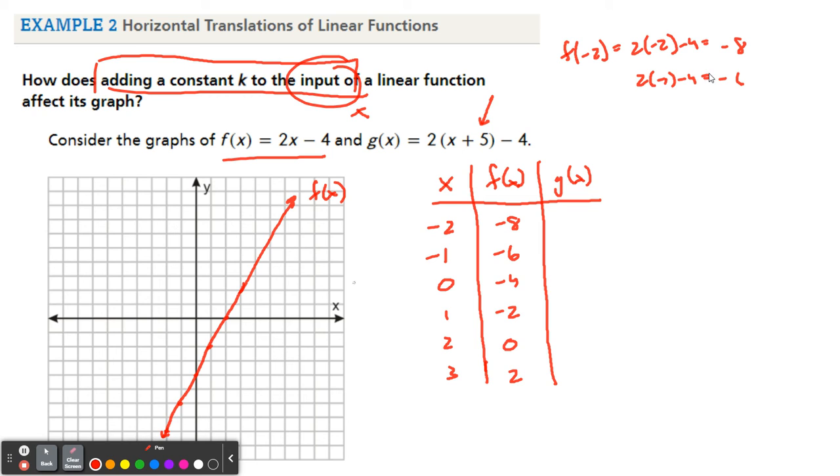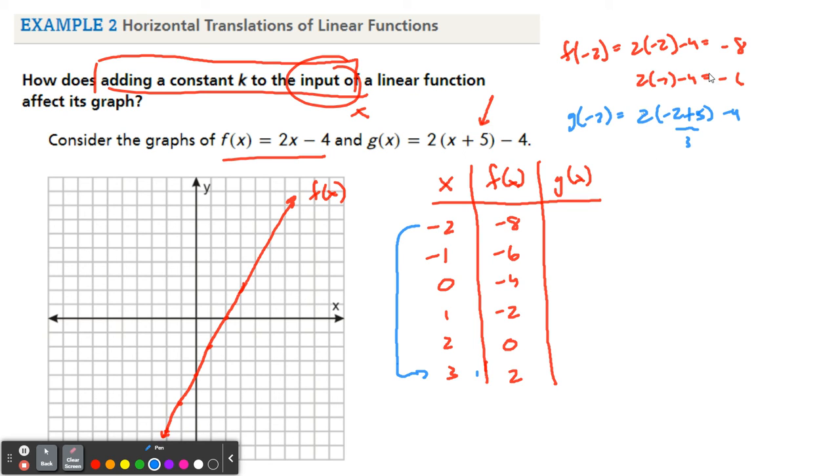Let me change colors. If we plug in -2 into this one, g of -2 equals 2 times (-2 plus 5) minus 4. Immediately it's going to take this -2 and make it a value of 3. So when we plug -2 into g of x, it's like we're plugging in 3. That's what this plus 5 is doing: it's taking our x value and changing it.